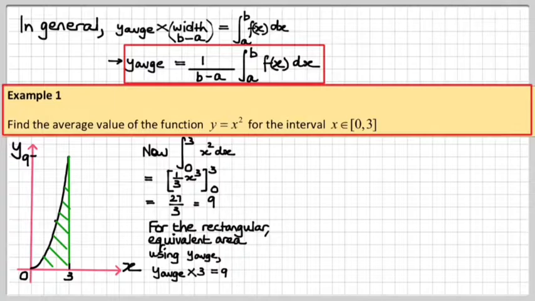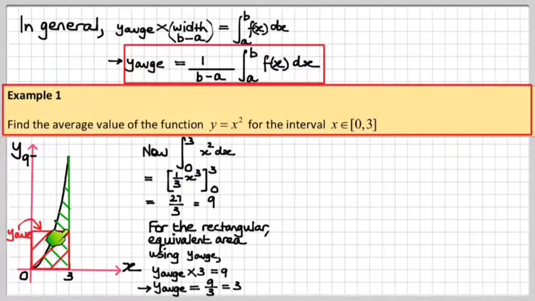Now for the rectangular equivalent area using y average, we know that y average times that same width, in other words a rectangular area, would also equal 9 units, okay? So therefore y average would be 9 over 3, which is 3. So there it is over there, do you see? I've drawn it in, so that's y equals 3.